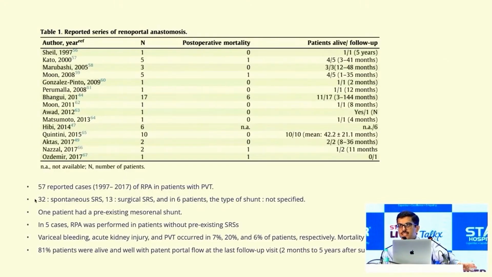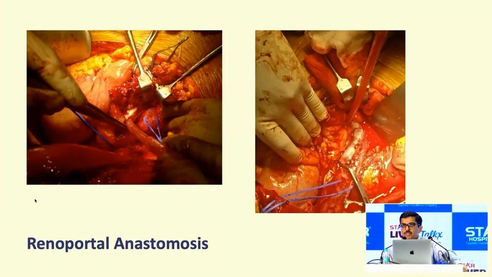Although the results are pretty decent when you have a major splenorenal shunt available, the only problem in these situations is that correction of portal hypertension takes a longer time, ascites remains for a longer time, and there is a slightly higher incidence of renal dysfunction in these patients. But the problem happens in the situation where there is no major flow going to the left renal vein.